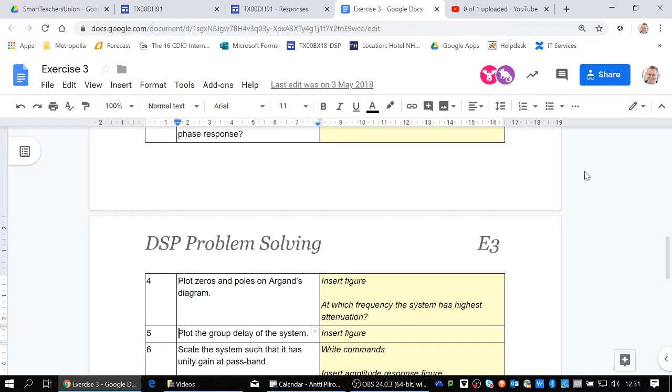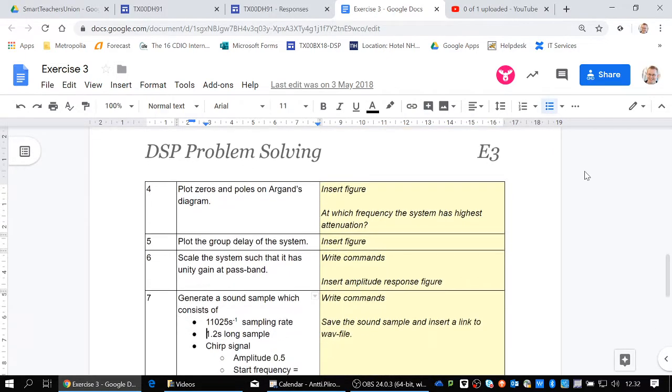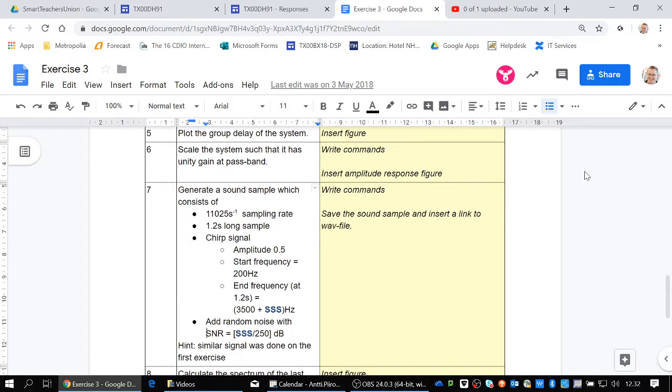And then from that, you should be able to determine where the system has the highest attenuation. Plotting the group delay. Then the sixth one is scaling the system for unity gain at passband. That was pretty easy actually. Then generating again some sound sample, 1.2 seconds long, a chirp signal.